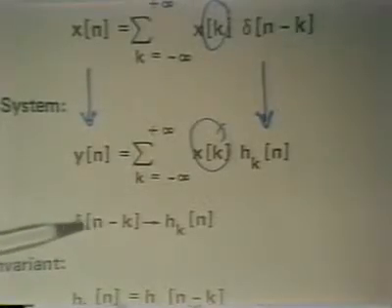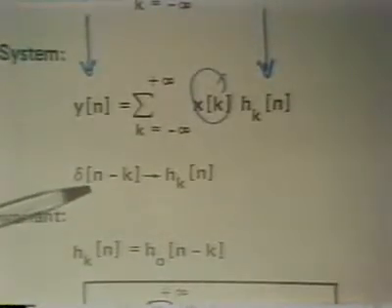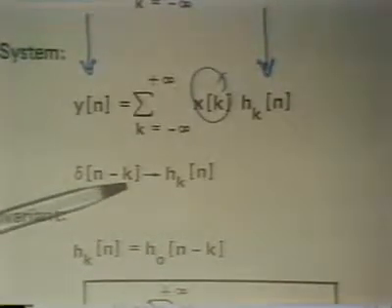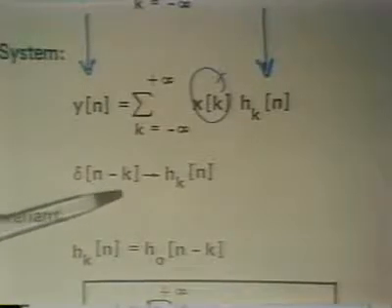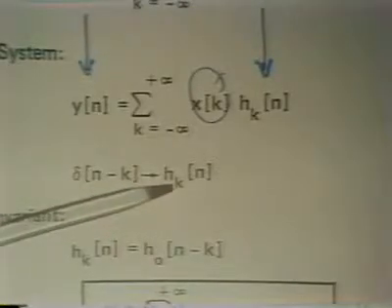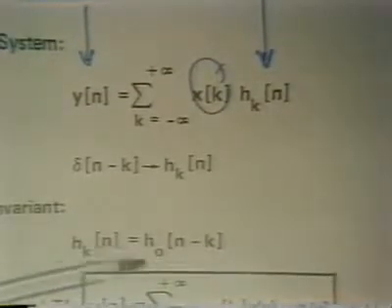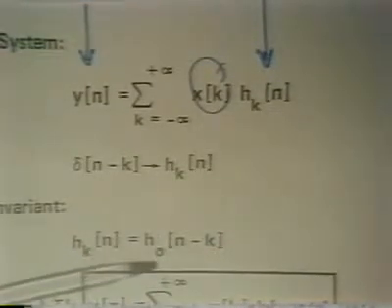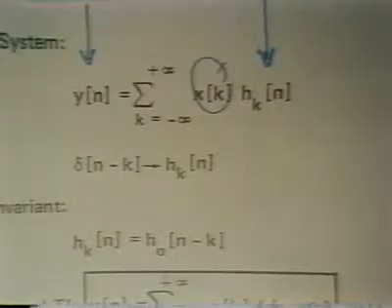Specifically, if the system is time invariant, then the response to an impulse at time k is exactly the same as the response to an impulse at time 0 shifted over to time k. Said another way, h sub k of n is simply h0 of n minus k, where h0 is the response of the system to an impulse at n equals 0.